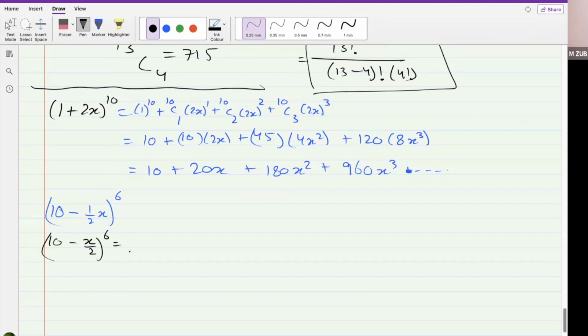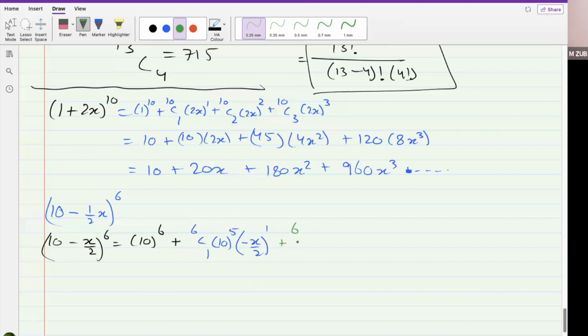So the first term, a raised to power n, plus the second term 6C1 a^(6-1) b1.